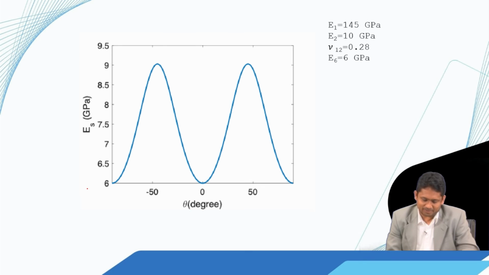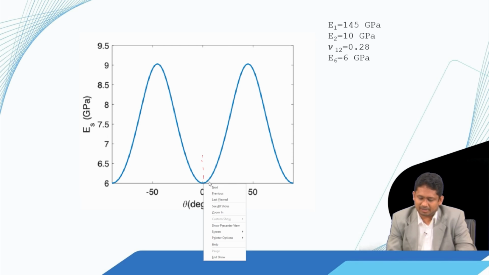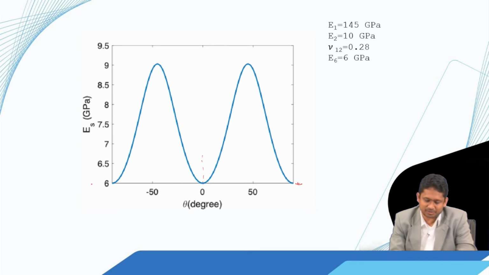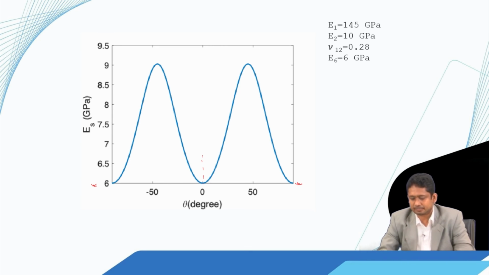Now, let us go to Es. Es is also an even function of theta. This is the theta equal to 0 line, and the diagram is symmetric on the right and left side. Again we see that when theta is equal to 0, Es is equal to E6, and when theta is equal to 90 degrees, again Es and E6 are the same, and the same is true when theta is equal to minus 90 degrees.